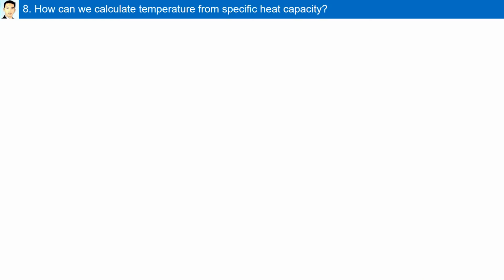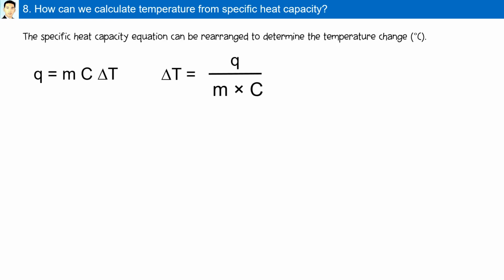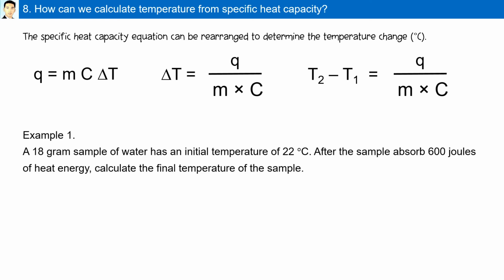How can we calculate temperature from specific heat capacity? Using our equation and rearranging, we have T2 minus T1 is equal to Q divided by m times c. Example 1. An 18-gram sample of water has an initial temperature of 22 degrees Celsius. After the sample absorbs 600 joules of heat energy, calculate the final temperature of the sample.